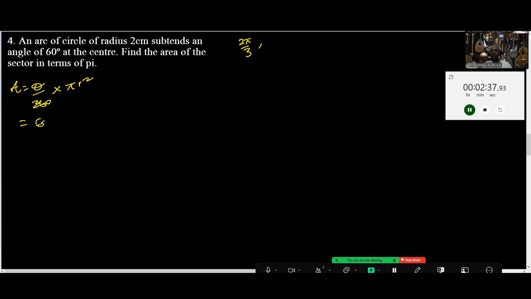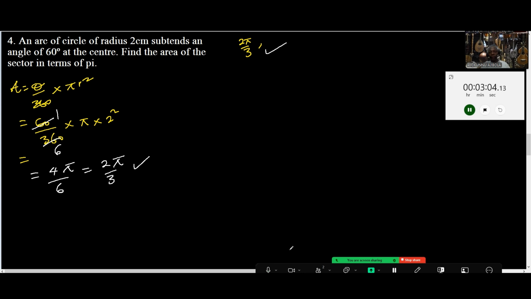Then theta is 60, 360 times pi times 2 square. And this is going to be 1 over 6. Then we have 4 pi over 6, and that'll be 2 pi. So that's correct, okay?